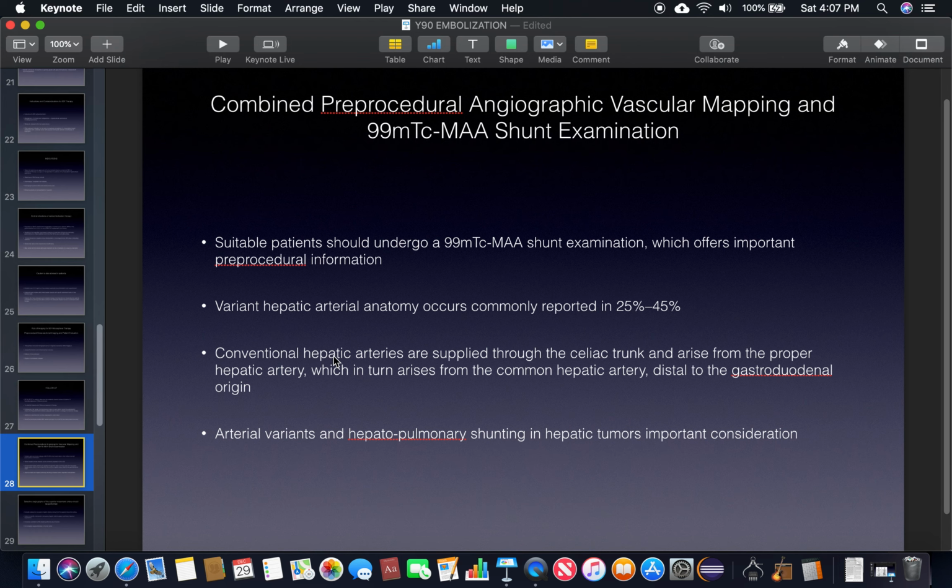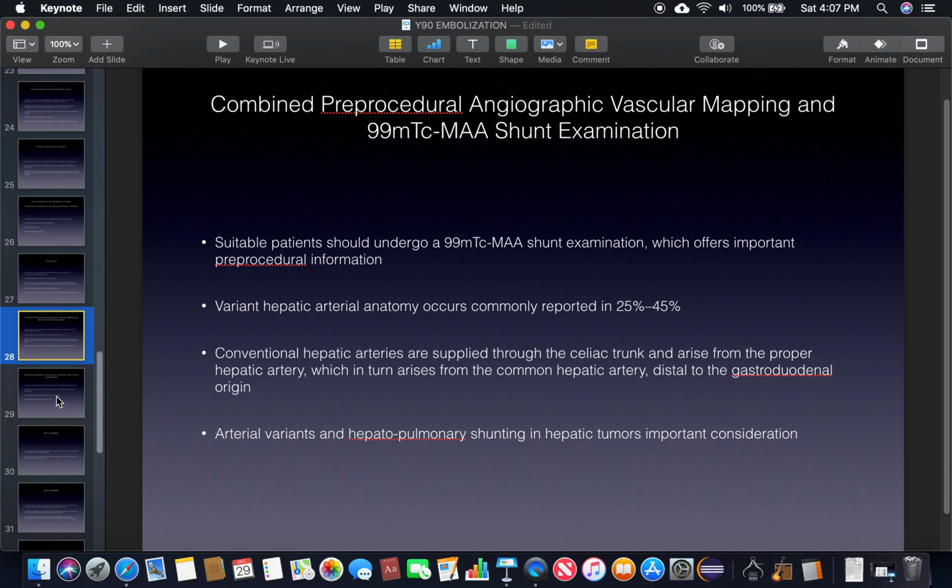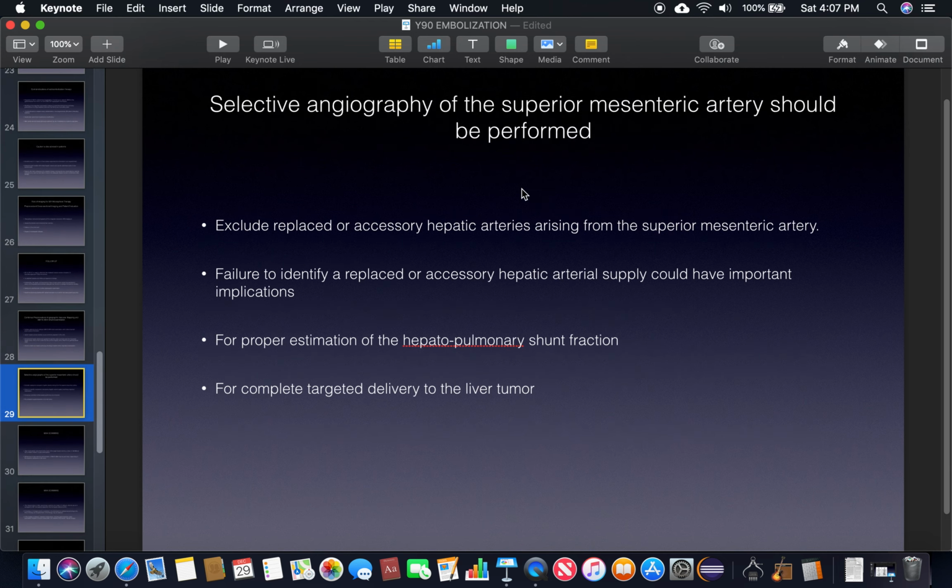Now, conventional hepatic arteries are supplied through the celiac trunk and arise from the proper hepatic artery, which in turn arises from the common hepatic artery. But there can be arterial variants and shunting to the lung, which are important considerations in deciding whether to proceed with therapy or not.